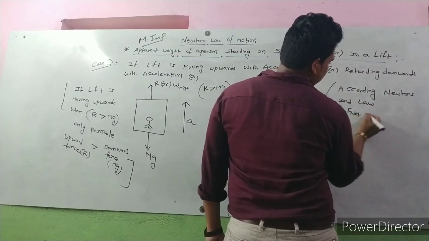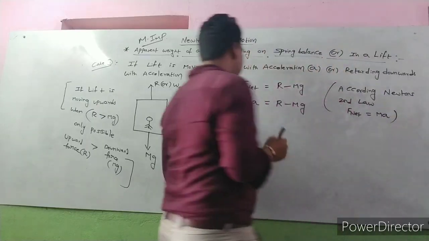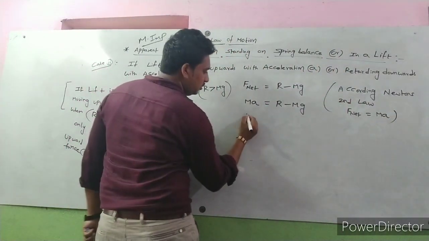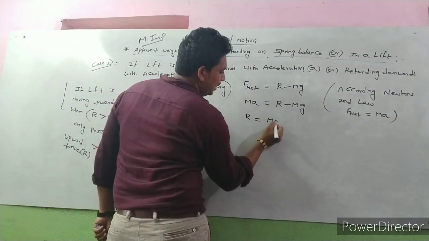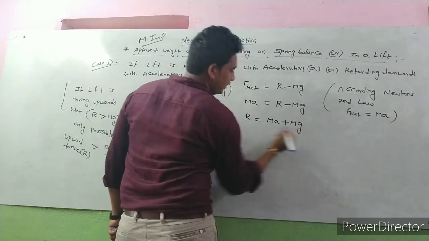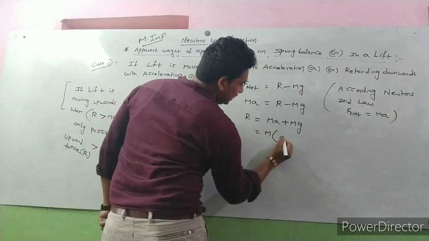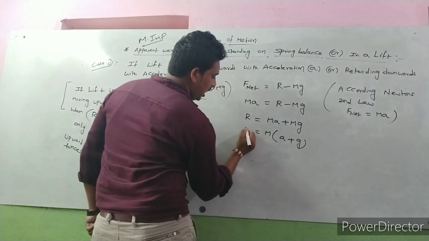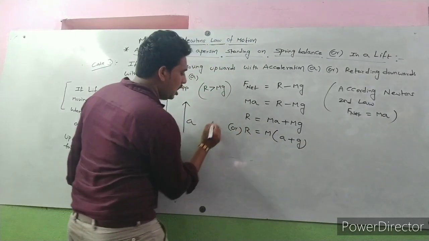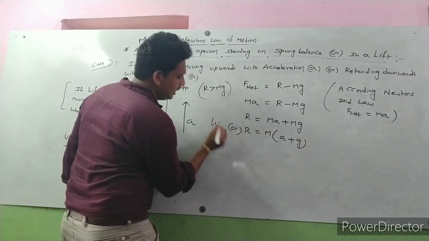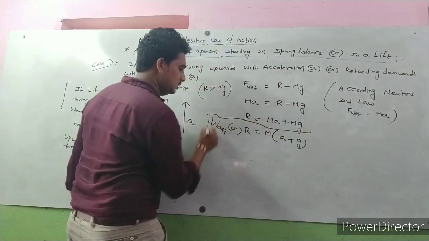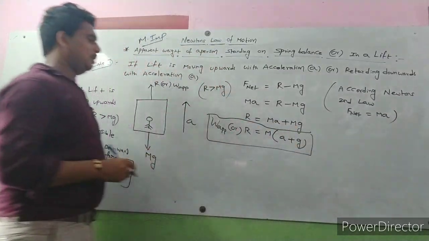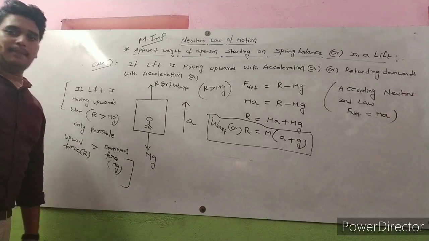F net is equal to mass into acceleration. So R is equal to ma plus mg. Here m is common, so m into (a plus g). So R, the apparent weight W apparent, is equal to m into (a plus g).